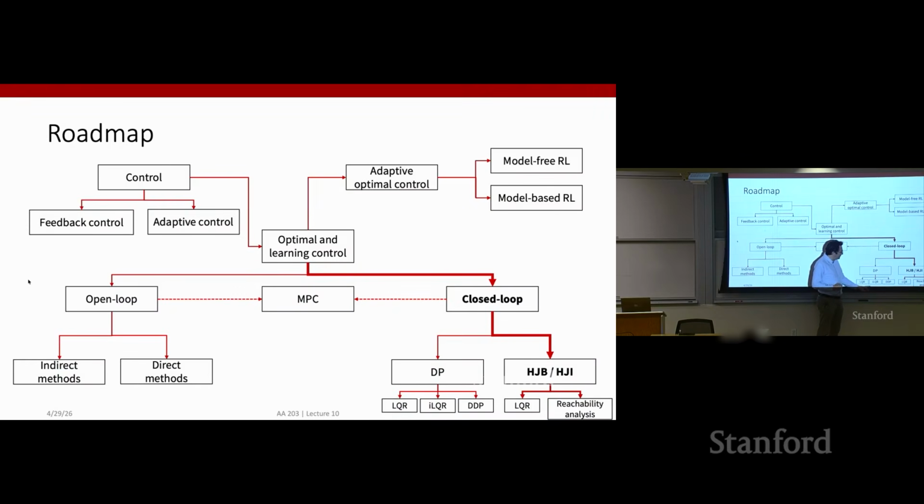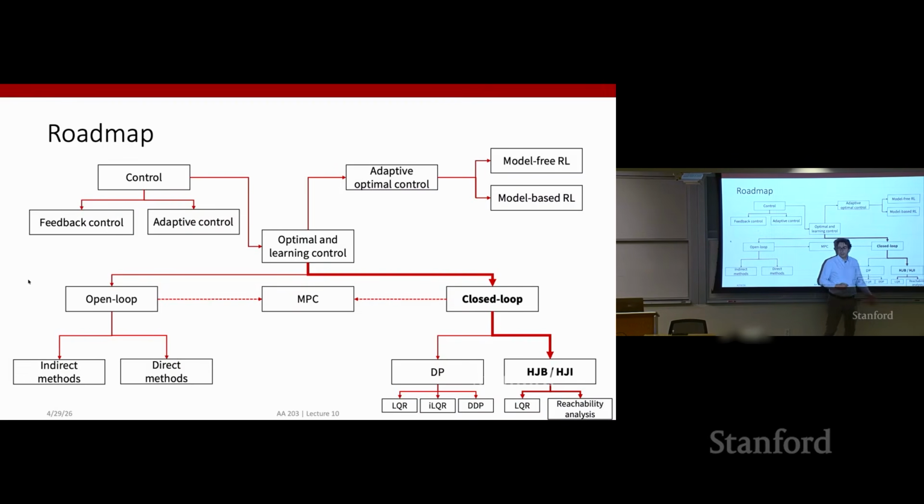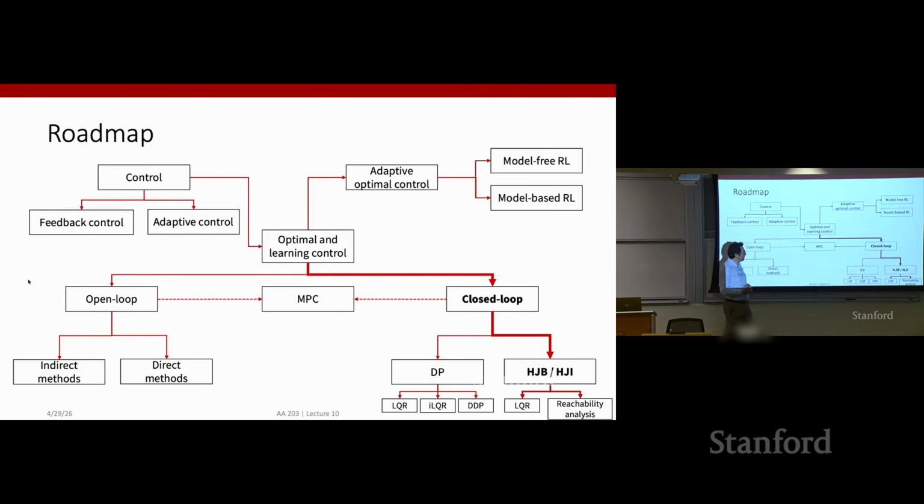We have looked at specific instantiations of the ideas of dynamic programming, including LQR. Now we are moving to the setting whereby time is a continuous variable. This is useful because sometimes problems are more naturally framed in continuous time, and sometimes the policies derived from the continuous time formulation are a bit cleaner and also a bit easier to implement. So we'll see.